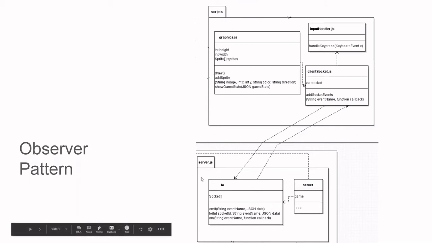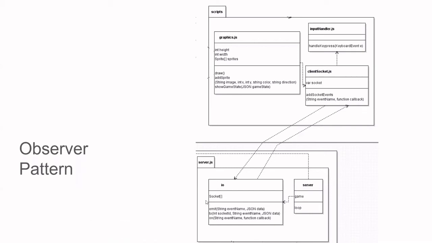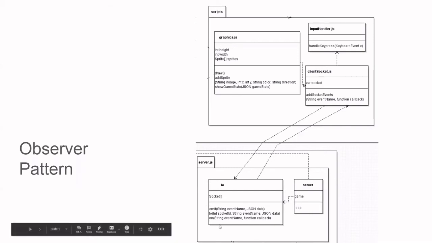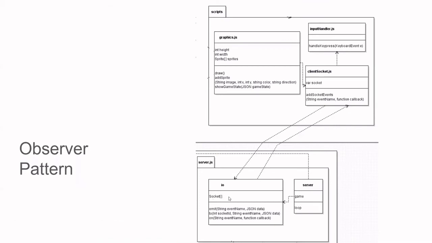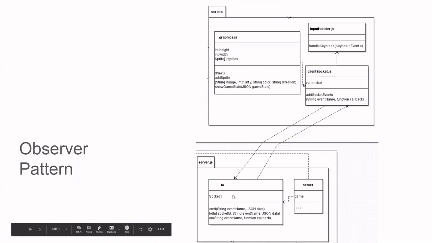On the server, we're importing a library called socket.io, and that allows us to make an instance of an IO object. That IO object stands for input output, obviously, and it allows us to create new sockets every time a client connects to the server. So the IO object has an array of sockets, one for each connected client.